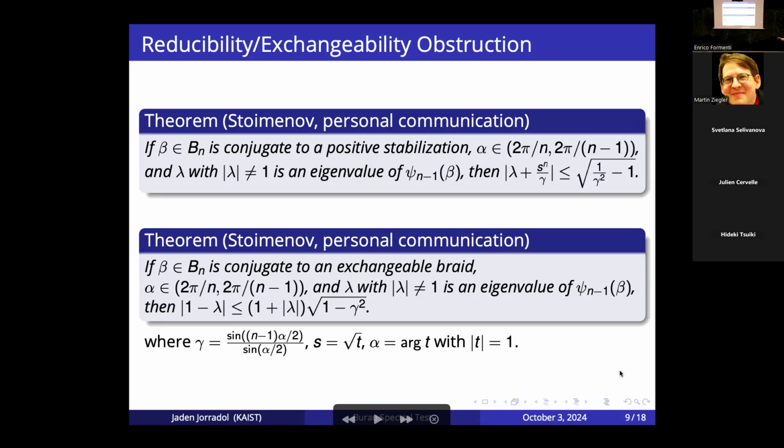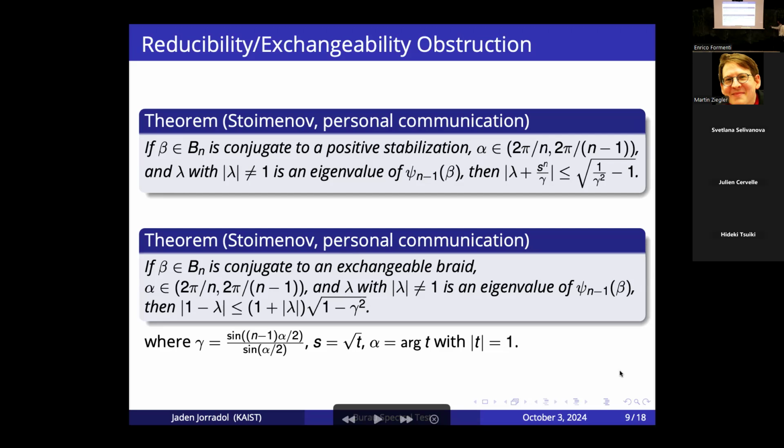So these two properties, reducibility and exchangeability, have been proven by one of the supervisors, Professor Alexander Stoyanov, using the Burau representation.